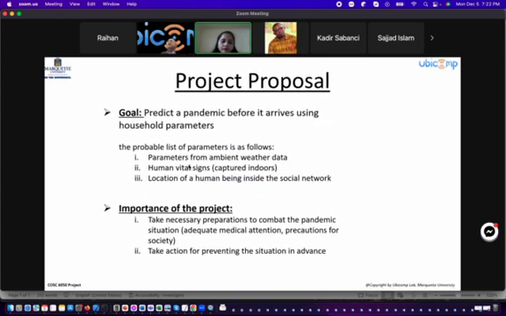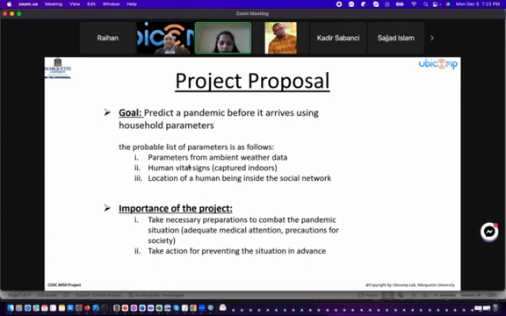So our goal of this project was to predict a pandemic before it arrives using parameters like the human vital signs, like heart rate, respiratory rate, this kind of data, and from weather parameters like temperature and other related data of the environment.